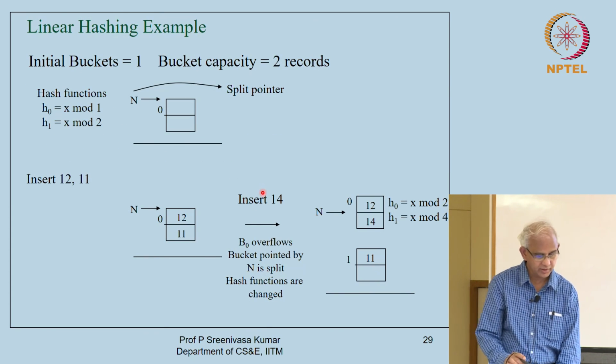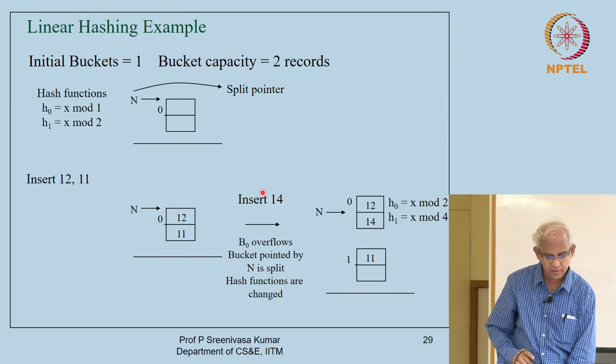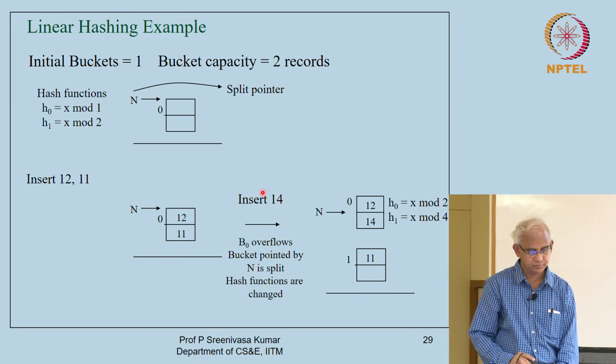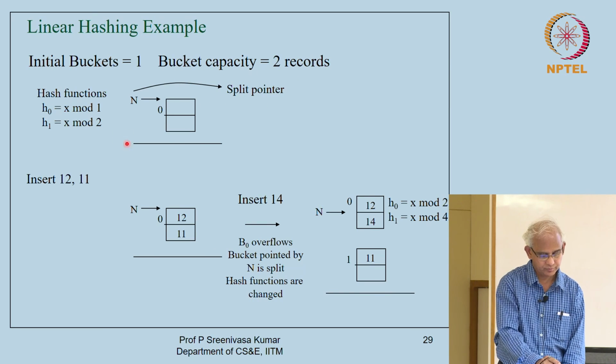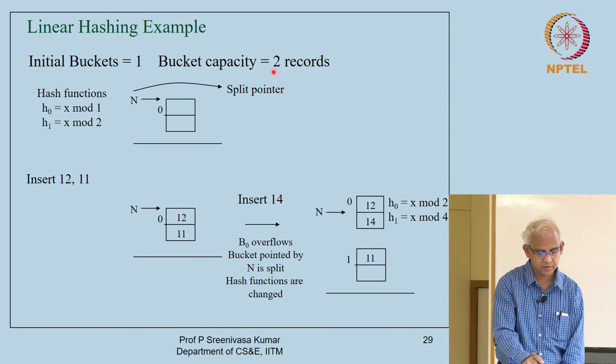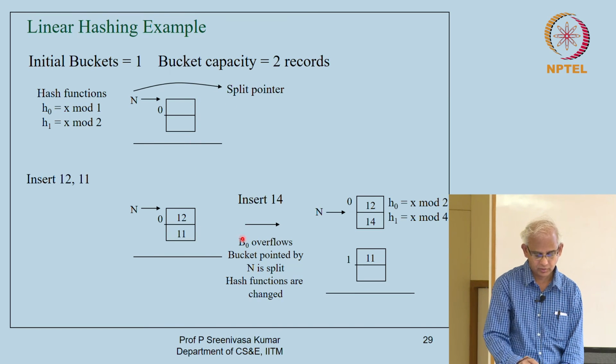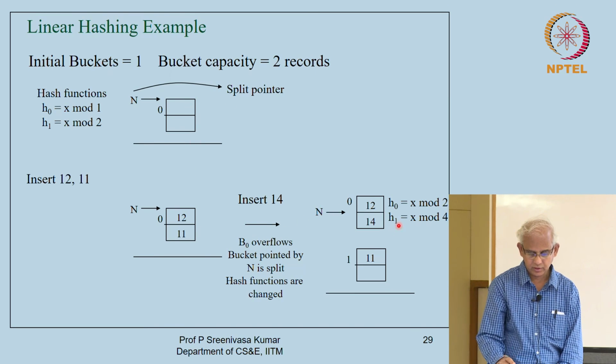Again, I have a detailed example where linear hashing has been applied with specific bucket numbers and a bucket capacity of 2 records per bucket, and I have shown how exactly it works.